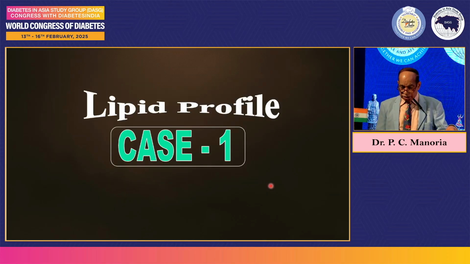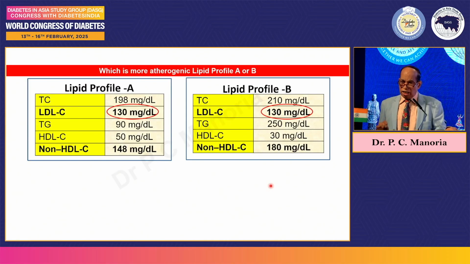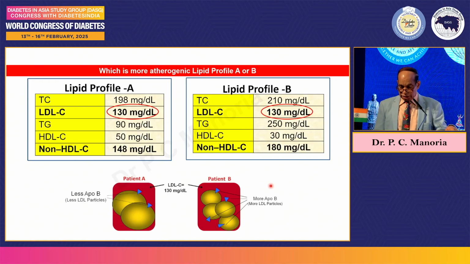diabetic patients? Now these are lipid profiles of two different patients, and you can see LDL is 130 in both these patients. So the question from the audience is, which one is more atherogenic? I think the answer should immediately come from the audience. Yes.